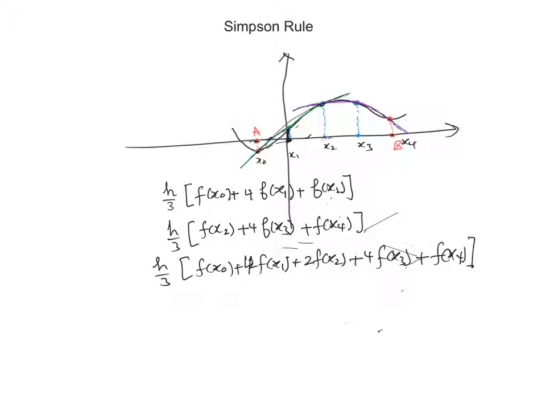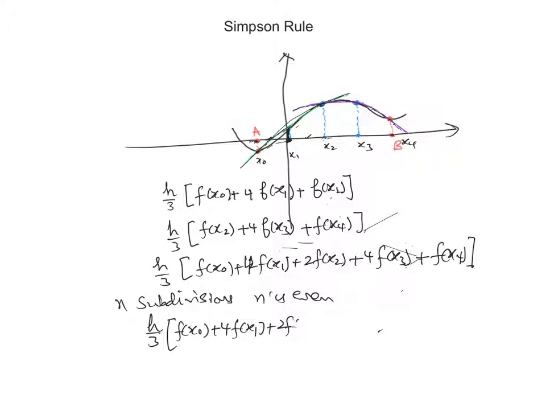In general, if we have n subdivisions, as we can see the Simpson rule requires n to be even, and h is the width, then Simpson's rule in the general case will become h over 3 times f of x naught plus 4 times f of x1 plus 2 times f of x2 plus 4 times f of x3 and so on.